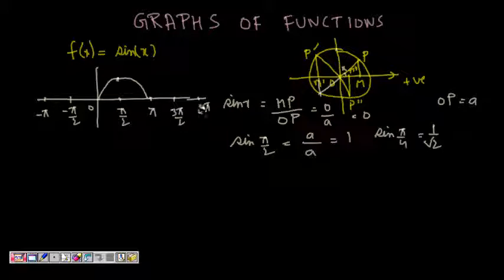Its minimum is at 3 pi by 2 where MP and OP are equal in magnitude, so it becomes -1, and then MP becomes negative but very small, tending to 0. So this is the function sin x, and we plotted it using this circle.